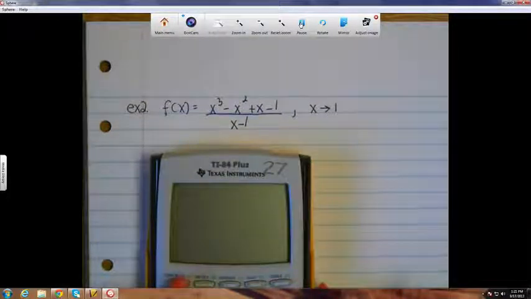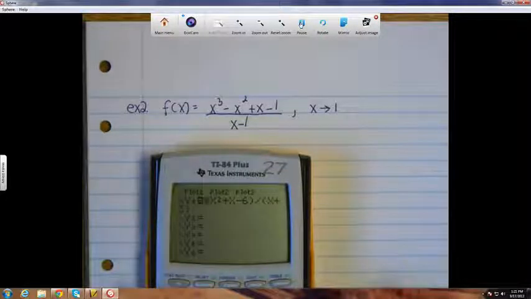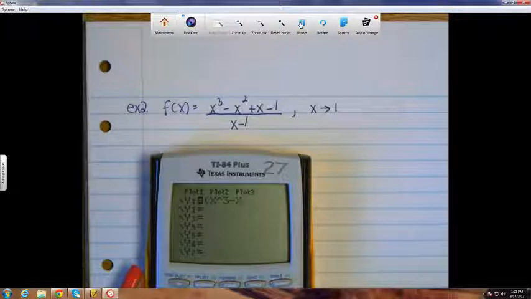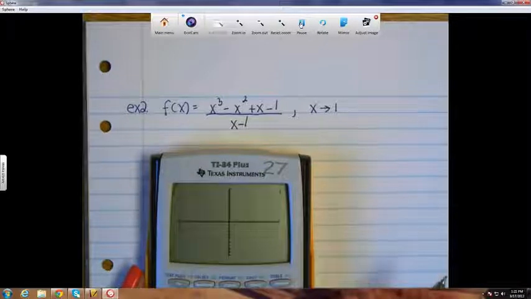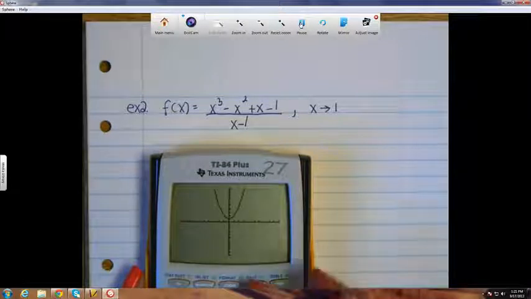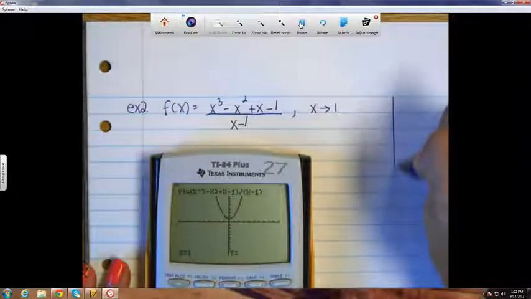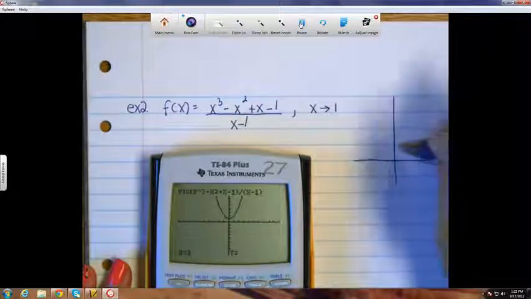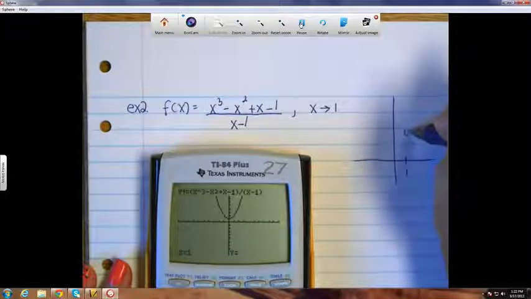So we'll go to y equals, clear that out, x cubed minus x squared plus x minus 1 divided by x minus 1. Okay, nice parabola, and if you trace to 1, we should get an error, no y value. So at 1, there's going to be a hole in the graph.